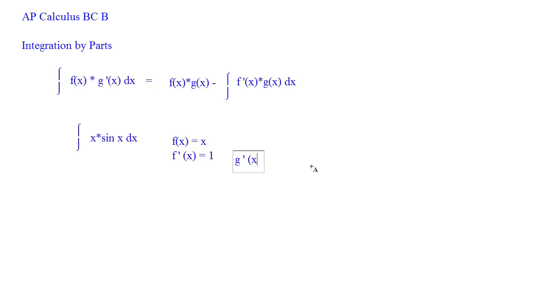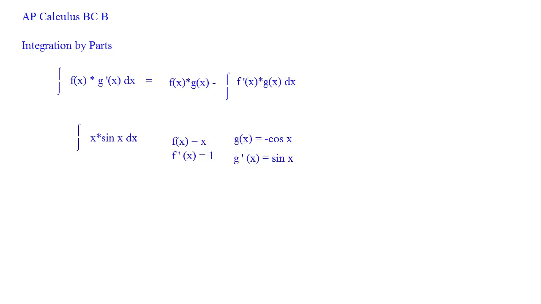G prime of x is going to be sine of x, and the antiderivative of that is, let me double check, negative cosine of x. Yep, negative cosine of x, and that's exactly what I wanted.